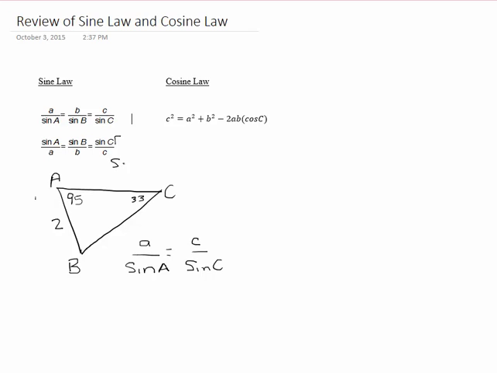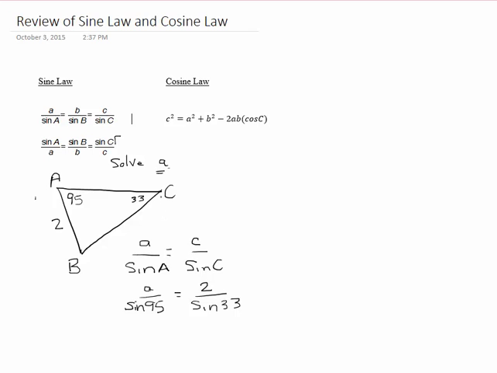In this case, I'm solving for side A, small a, so that has to be in the ratio. We only ever use two ratios. So here my side a is what I'm looking for, and sine 95 is the angle. For small c, I know that that length is 2, and the angle is 33 degrees.